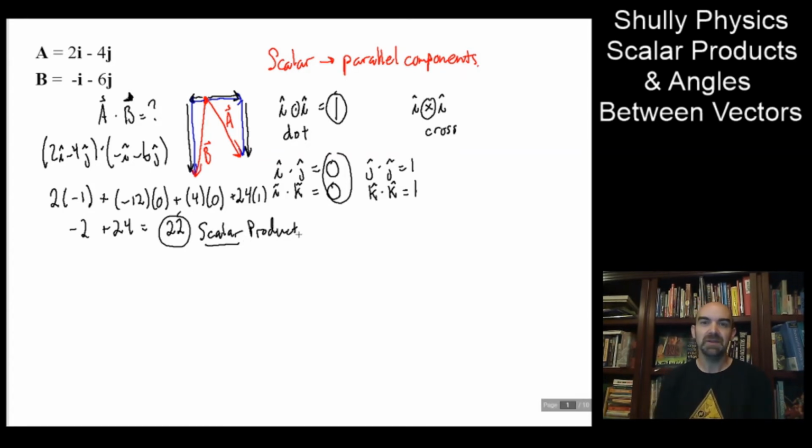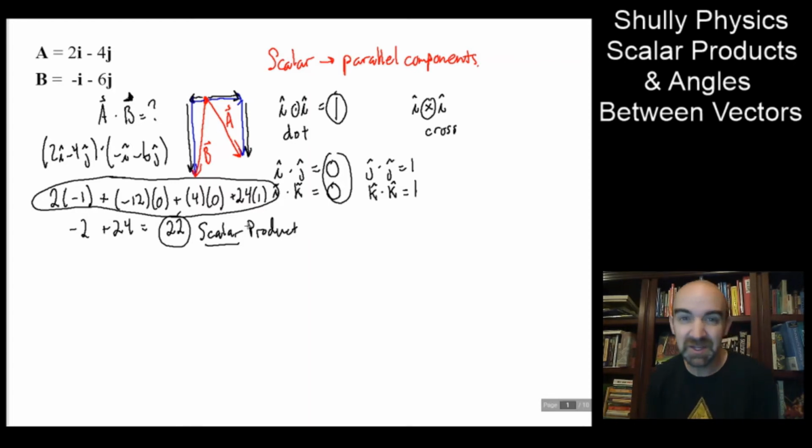Now I think instead of distributing, there's a slightly easier way using the eyeball. If you stack your two vectors that you're multiplying together, look how easy this is. 2i dot negative i is negative 2.